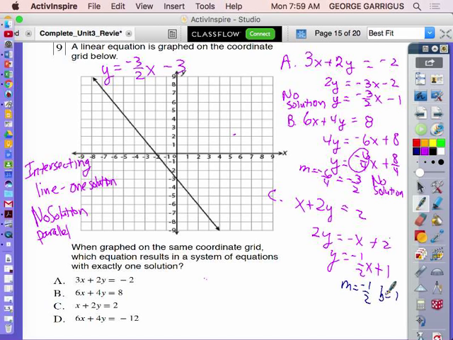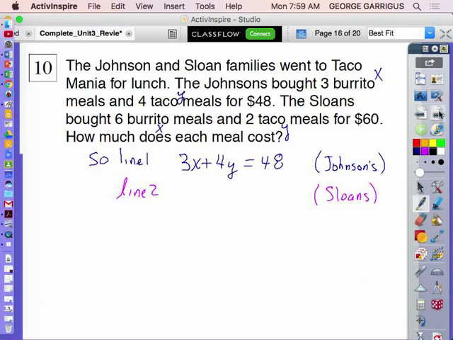This is definitely going to intersect and be the right solution. I go down 1, right 2, down 1, right 2, up 1, left 2, up 1, left 2. I have an intersecting line. And my answer has to be C. I can stop there. I do not have to go on. And I get that problem right.